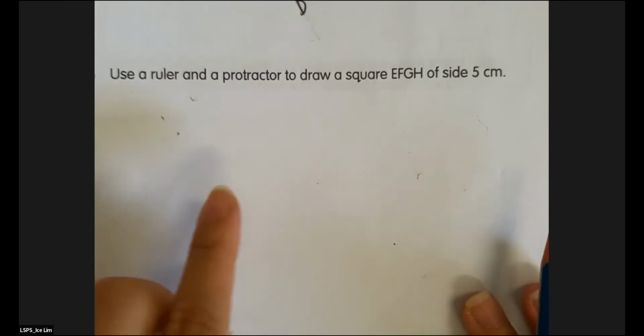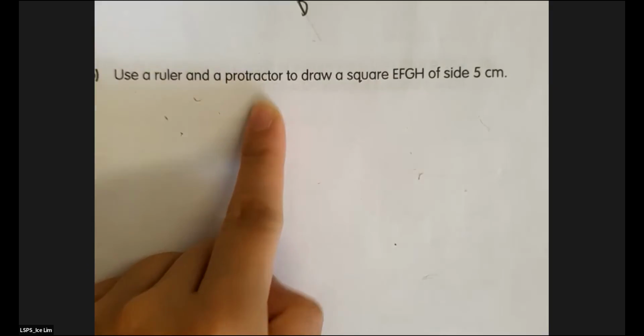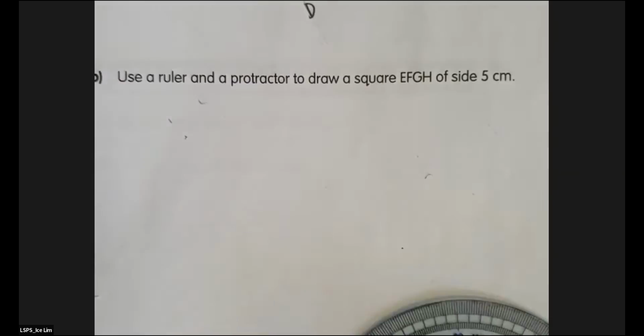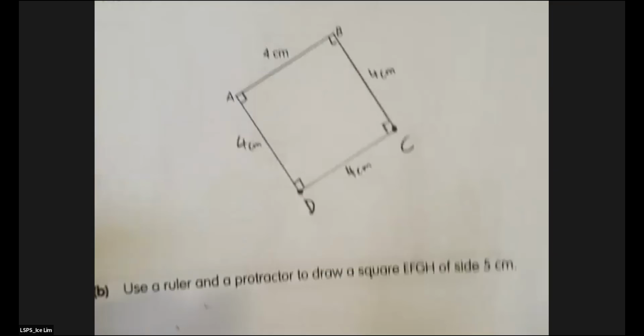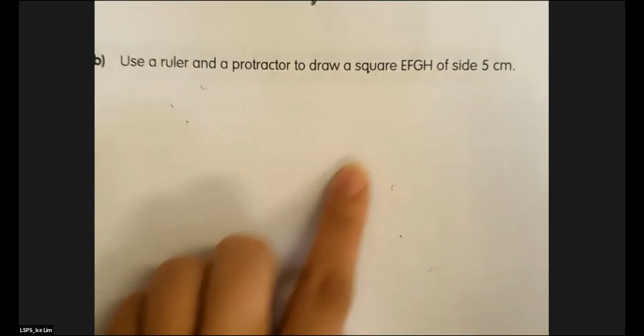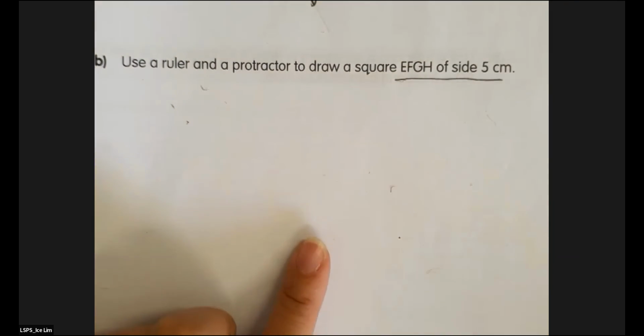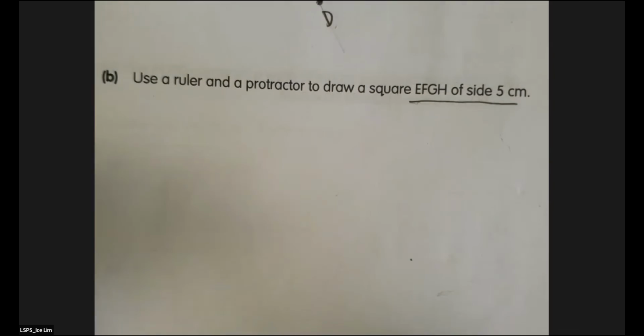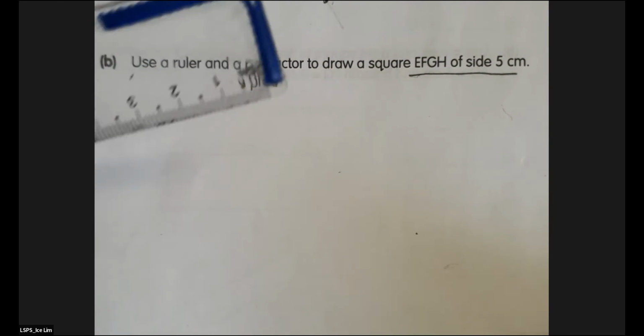Okay. Here says protractor. I can use a protractor too. So I show you. Here's ruler and set square. Ruler and protractor. E, F, G, H, size 5 centimeter. First, draw a line 5 centimeter.